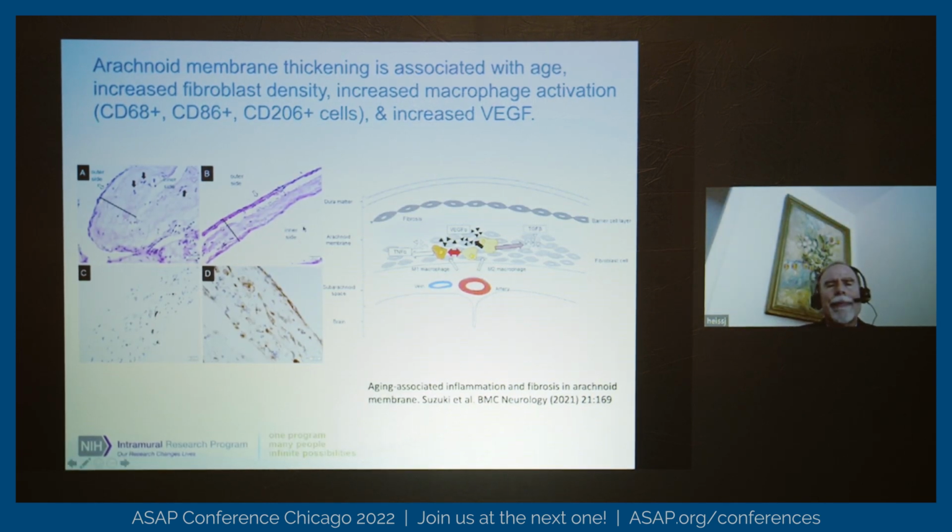So the arachnoid membrane, that's the outer membrane. It gets a little thicker as you get older, but the people who have thicker arachnoid membranes have more fibroblasts, those are the cells that make fibers. They have more macrophages, which are cells that go to clean up debris and are involved in the immune reaction, and increased vascular endothelial growth factor.